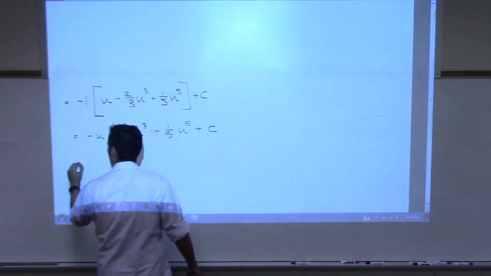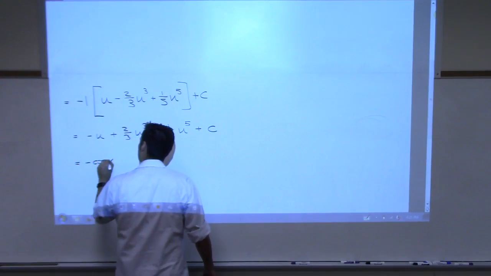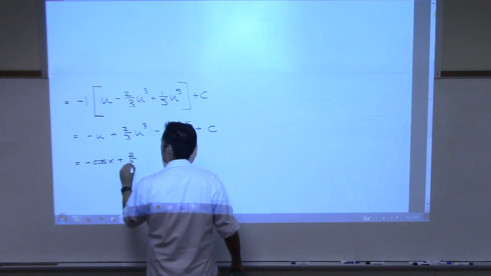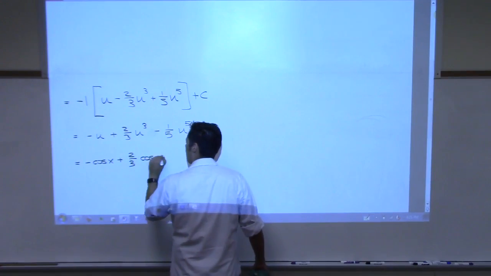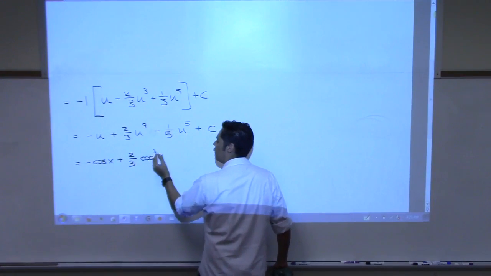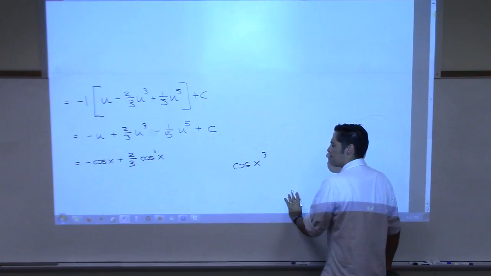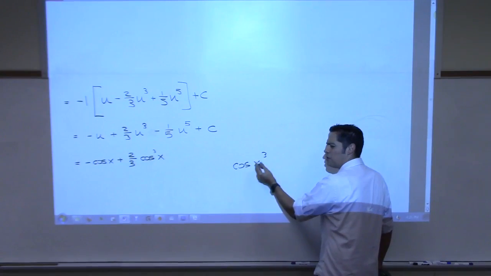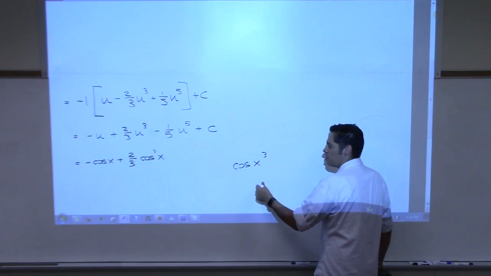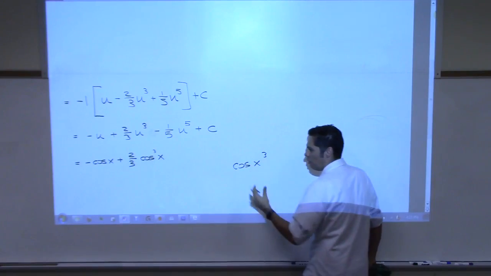Okay, so we've got negative cosine x plus 2/3. And when I write cosine x and I cube it, I put the 3 right there. Why don't we write it like this? That's confusing, isn't it? Am I cubing the x or am I cubing the whole thing, right? So we put the 3 right there to mean the whole thing.